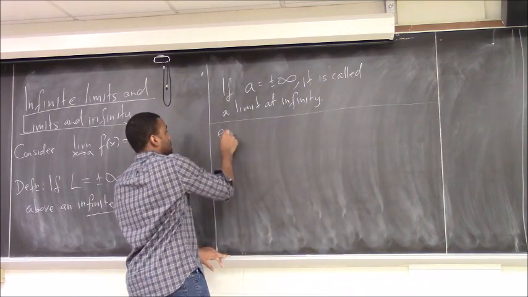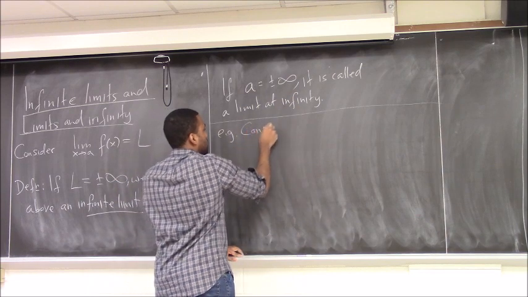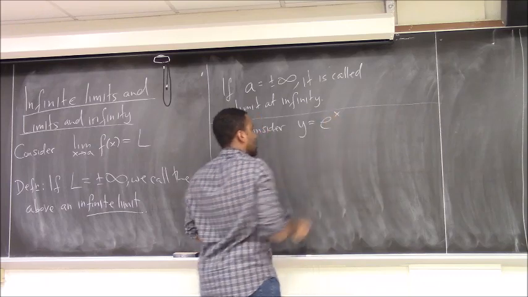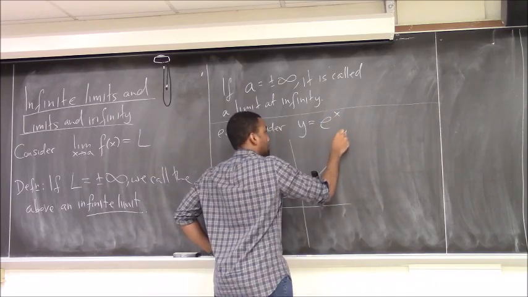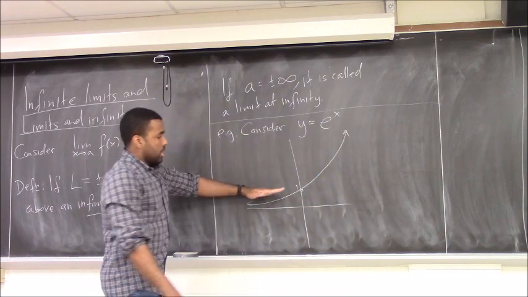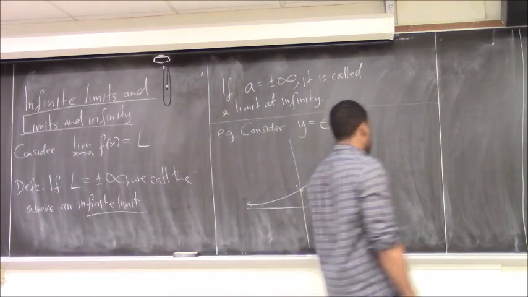So that's an example here. Consider the function, a very important function, y equals e to the x. We know what the graph of that looks like. Sorry, that passes through 1. It gets closer and closer to the x-axis as we go off that way.